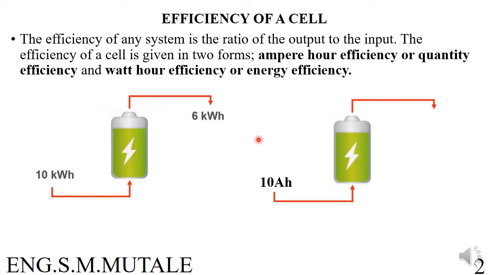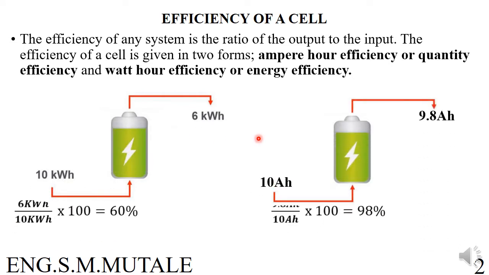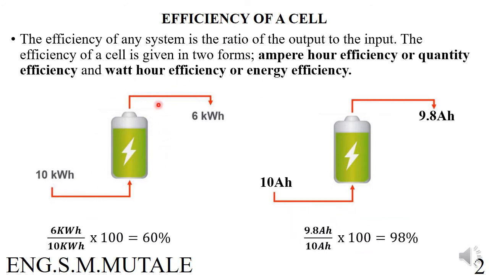In the first one, you have a cell or a battery, and you are calculating the consumption in terms of power, which is in kilowatts. So you measure the wattage during charge times the time. It will give you the kilowatt hours during charging.